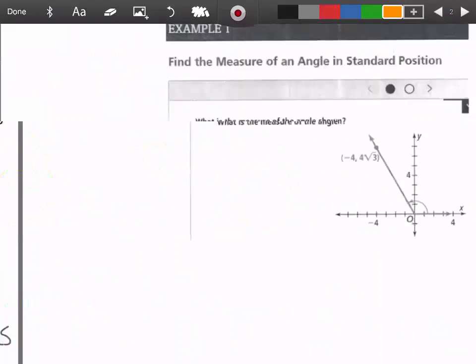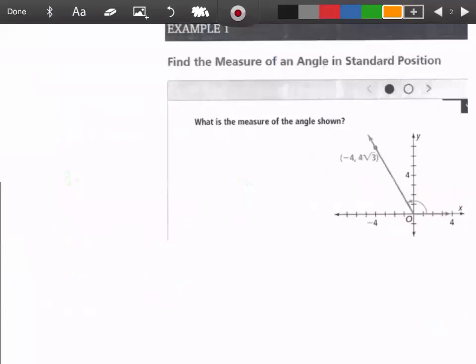So we need to find an angle in standard position. What is the measure of the angle shown? If we look at this, we have the initial side and the arrow, the partial loop that is made on the inside of the angle tells you how that angle is opening up. So we have the initial, and then we have the terminal side.